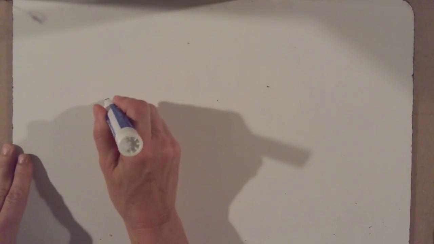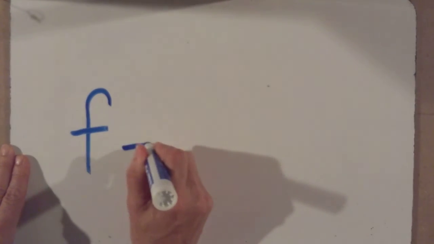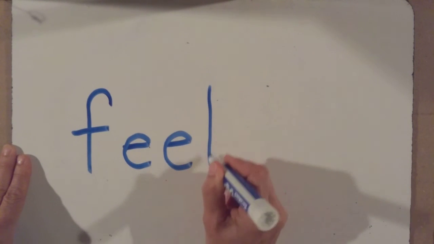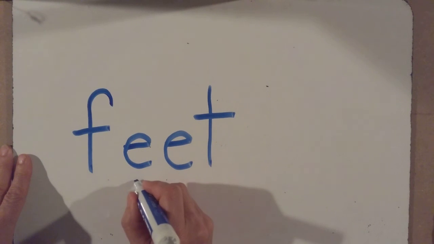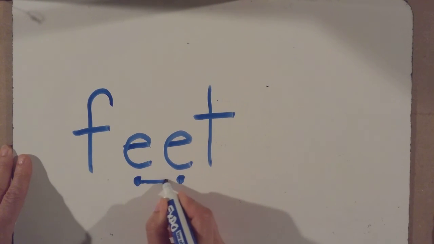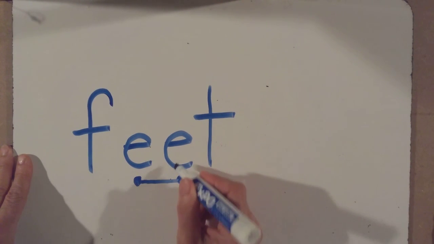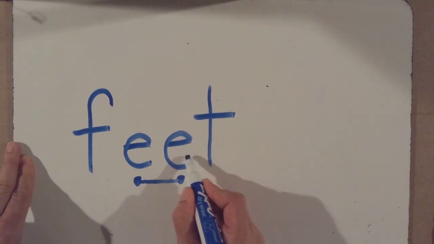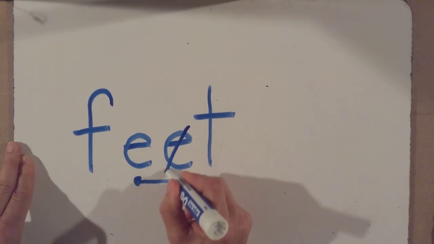Write this word with me. F, E, E, T. Mark your vowels. You got two of them there. Hook them together. They're working together, but this guy's doing all the work, really. What's he going to do? He's going to push open that T so that he doesn't get to say anything.